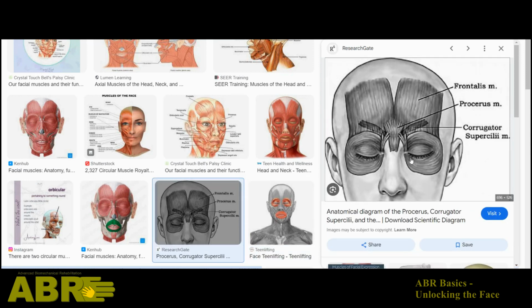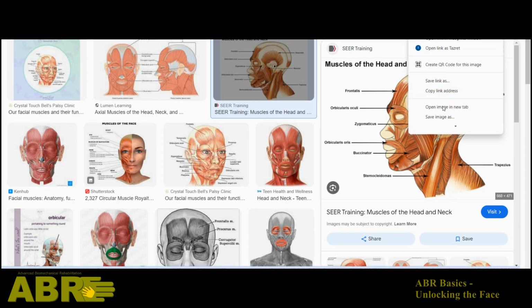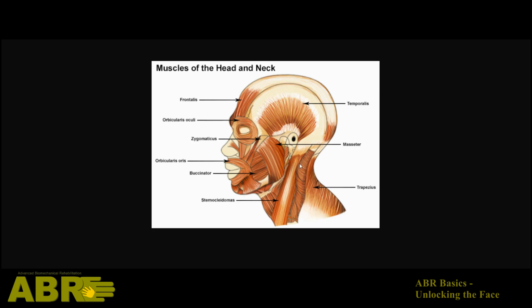This view would also be very valuable to understand the importance of the separate control of the orbitals. But we'll start with the basics, which are probably the most important, because this view shows you the link between the muscles of the face and the muscles of the neck. And when we look at them, that's very clear.